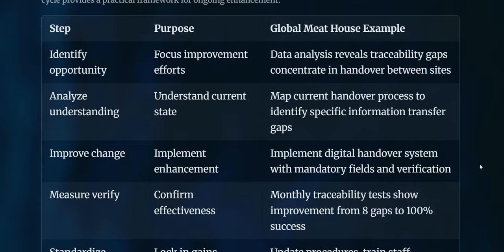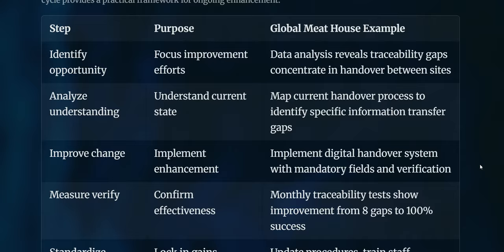The purpose of this step is to focus improvement efforts. In our global meat house, that means data analysis reveals traceability gaps concentrate in handover between sites.